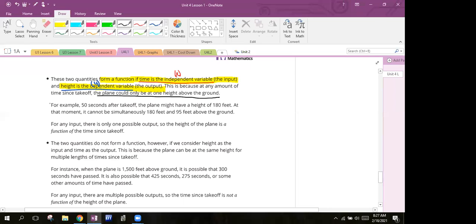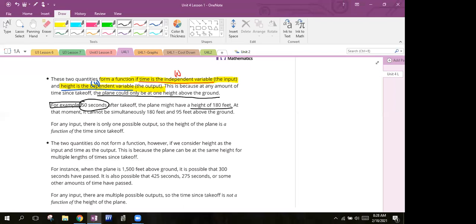So for example, we take off and we're in the air, we're at 50 seconds after takeoff. At that exact moment, the plane is 180 feet above the ground. Okay, that makes sense. You're at that exact height.